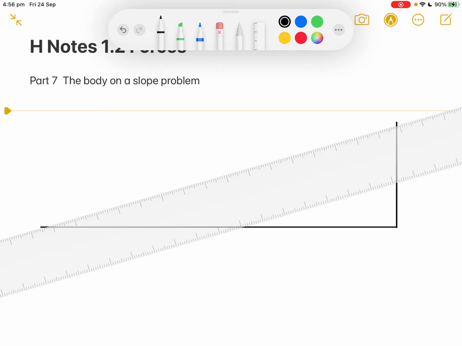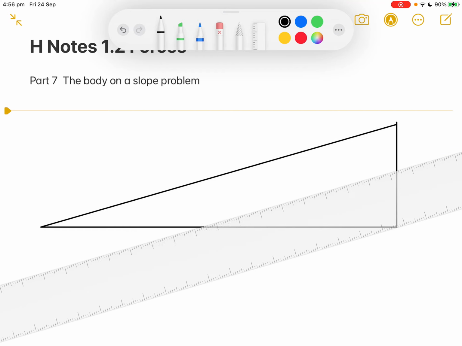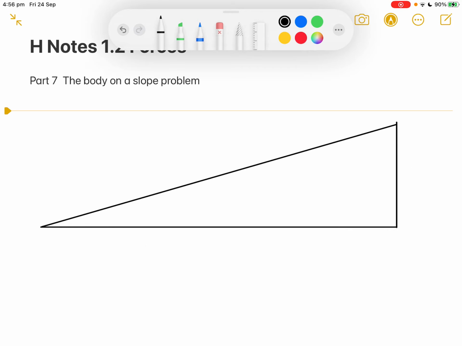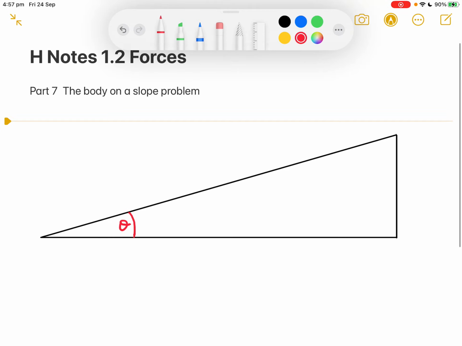Quite a common scenario. If you're ever drawing this slope, just draw a triangle like that. It's the easiest way of doing it. Now we define the slope angle to be theta.